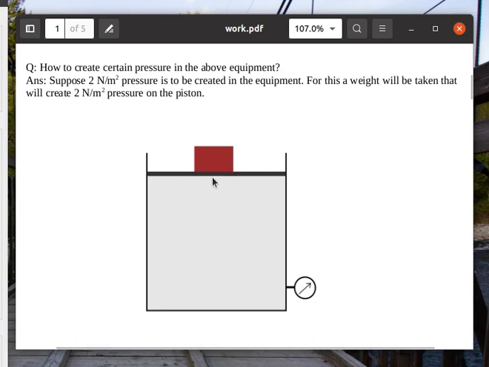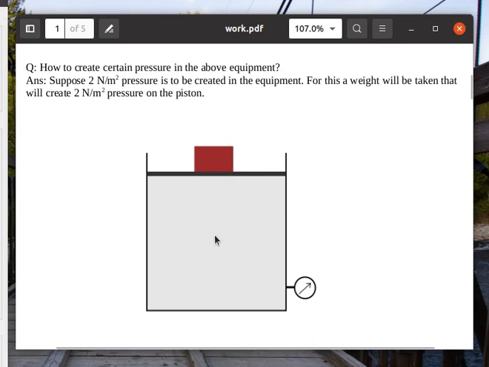Then per meter square of area, how much pressure is it creating? It is 10 divided by 5, so 2 Newton per meter square. Pressure is just force per area. So this is creating external pressure on the piston here.